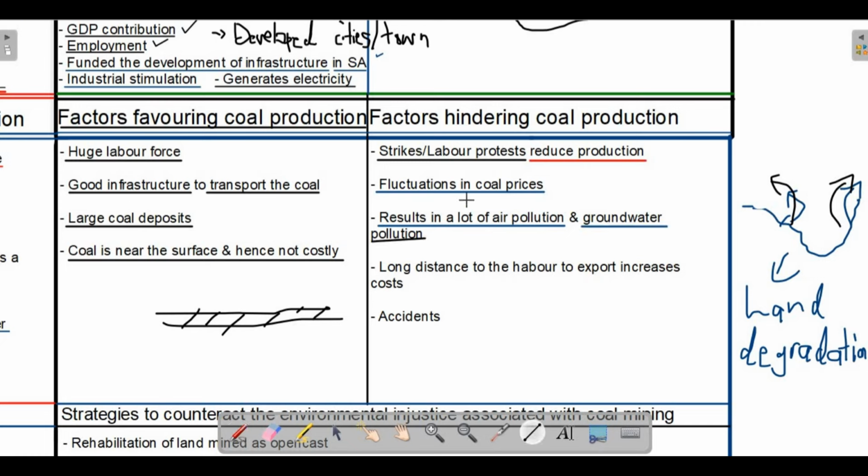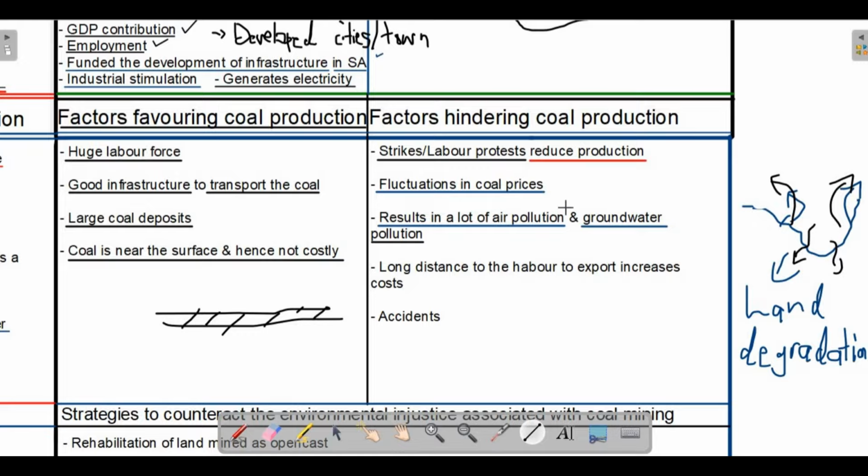Okay, so results in a lot of air pollution and also groundwater pollution, because they use chemicals, they use explosives to open this land up, and so those chemicals will seep into the water tables and eventually into the groundwater, and hence this will affect the quality of water.